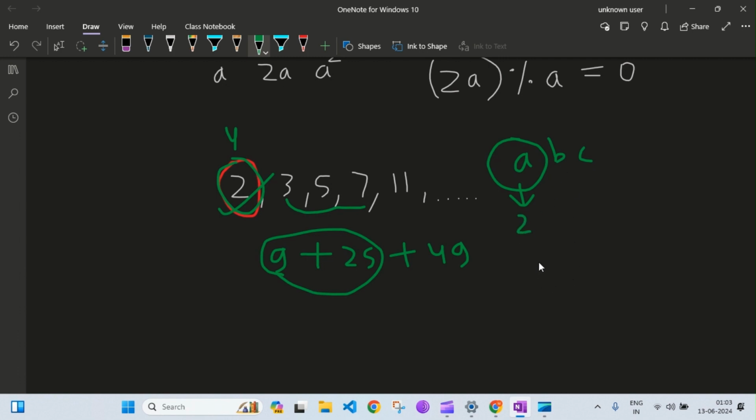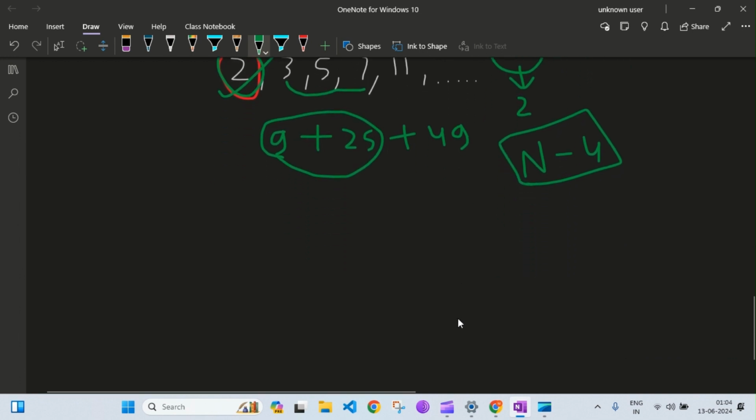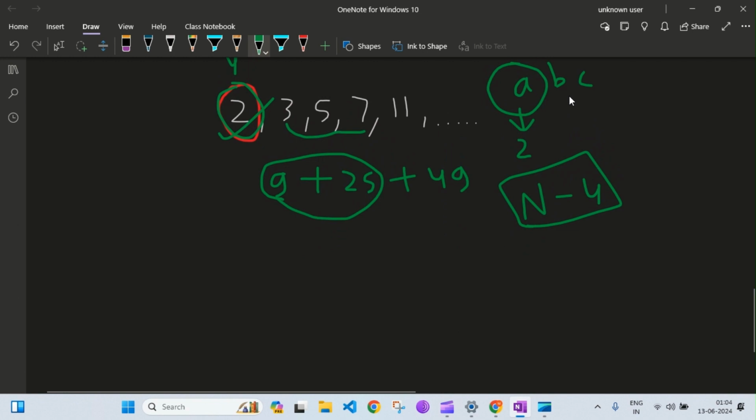So what is the current n now? This current n will definitely be n minus 4, right? Because we have already picked one of the primes, so its square must be subtracted from this n. So n becomes n minus 4 now, right? Now we are left with finding b and c.